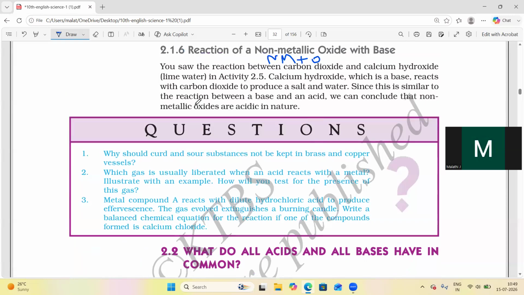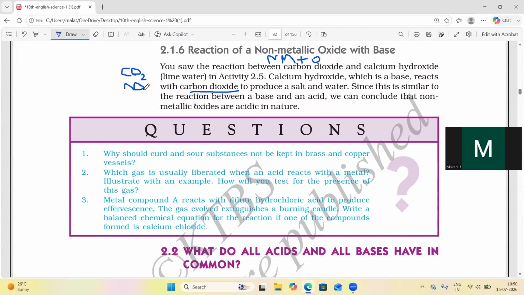Same. Take the reaction of a base with carbon dioxide. Carbon dioxide is a non-metallic oxide. You can take any non-metallic oxide: CO2, carbon dioxide, SO2, NO2, whatever may be a non-metallic oxide.